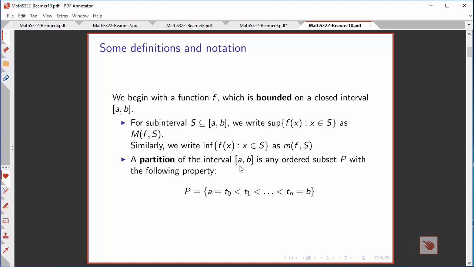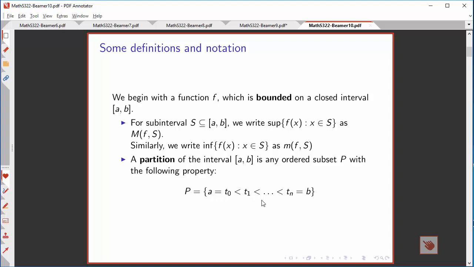To form a partition, we're going to have to come up with some points of subdivision. The first one, which I'll call t0, agrees with a. The last one, that I call tn, agrees with b. And then t1 is bigger than t0, t2 is bigger than t1, and so on.